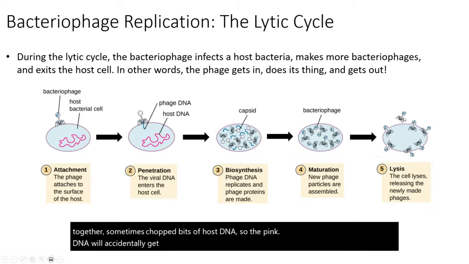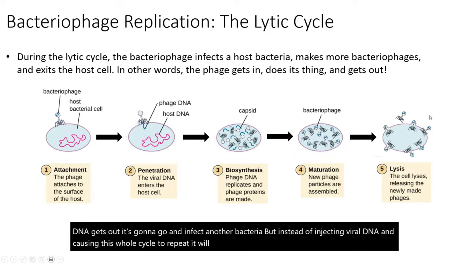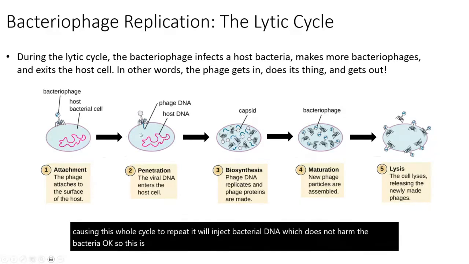So then when that bacteriophage that's carrying bacterial DNA gets out, it's going to go and infect another bacteria. But instead of injecting viral DNA and causing this whole cycle to repeat, it'll inject bacterial DNA, which does not harm the bacteria. Okay, so this is where transduction comes into play.